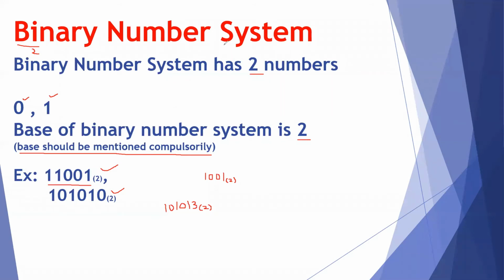Because 1 is present, 0, 1, 0, 1, till here the numbers are present, whereas this 3 is not present in our number system. 3 is not there. That's why we cannot say this number is binary. This is not a binary number system.